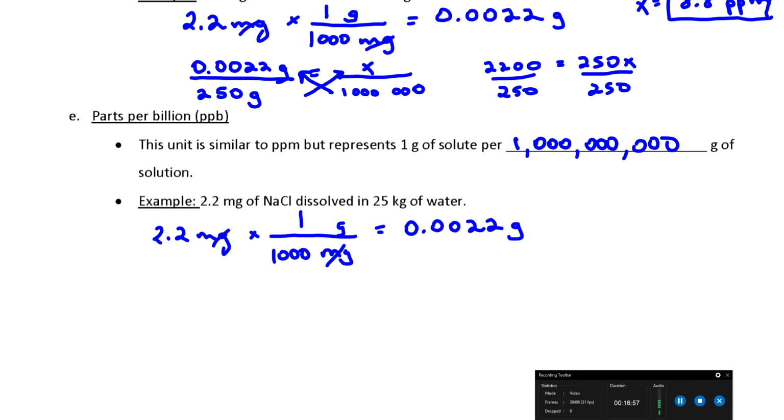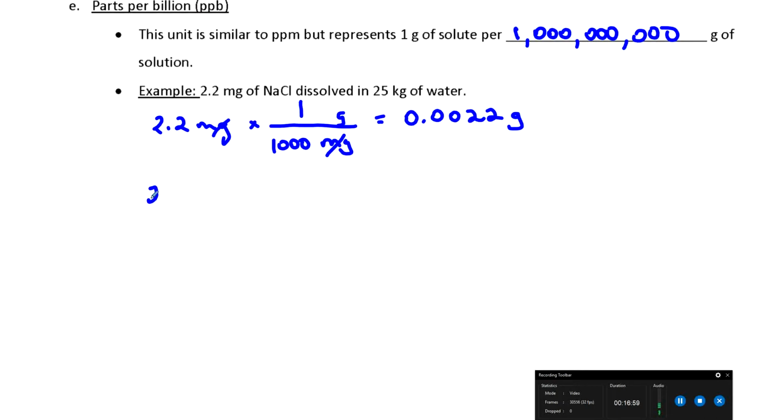Now let's also put the 25 kilograms into grams, and then we're comparing apples to apples. So here in 1 kilogram, there's 1,000 grams. So 25 times 1,000 is 25,000.